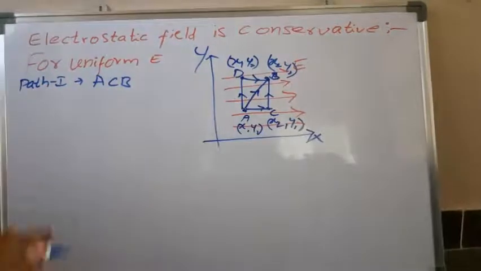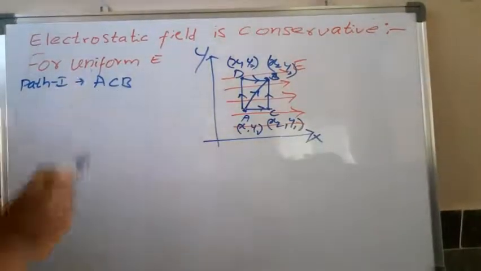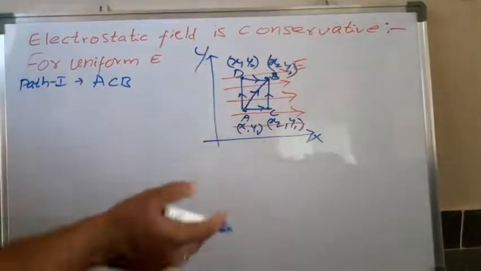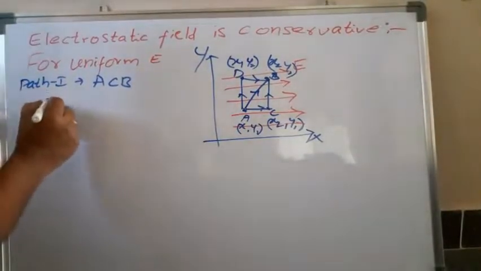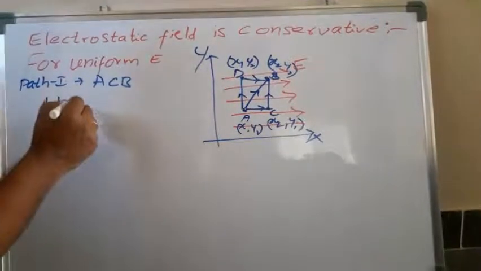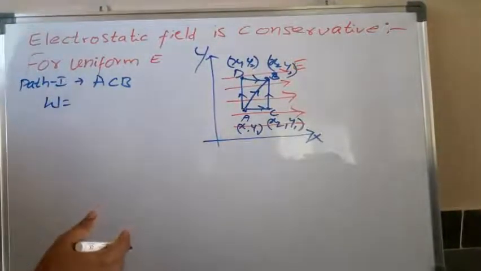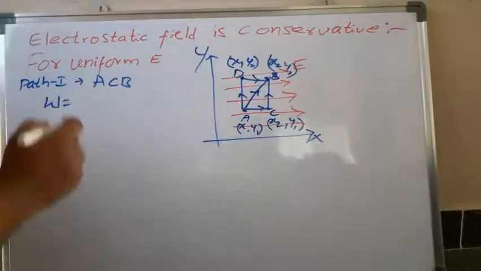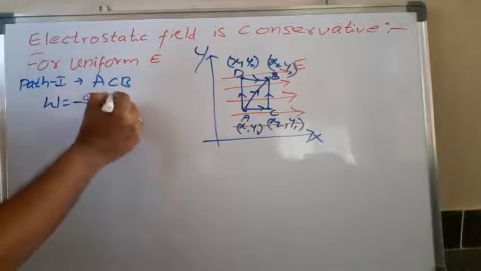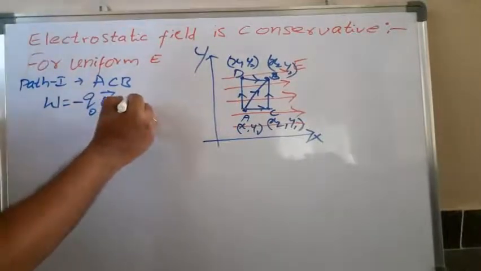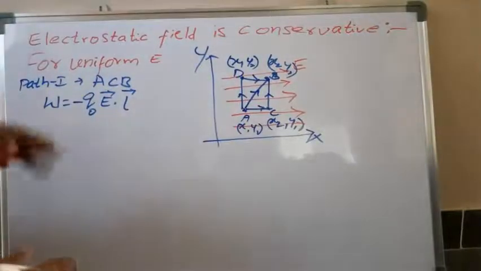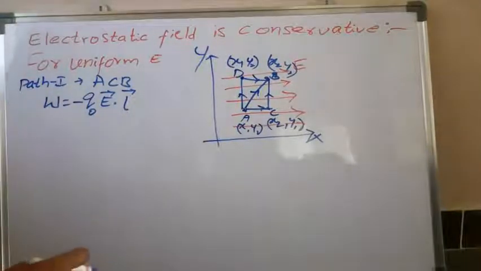Okay, now we are considering ACB. We discussed just now that the work done to move Q naught charge in electric field E is W equals minus Q naught E dot L, where L is the displacement vector.